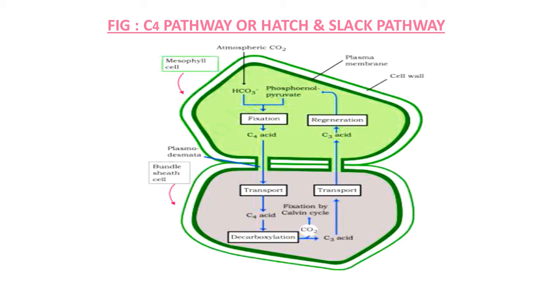You can see here in the mesophyll cell atmospheric CO2 enters, PEP is present, then fixation of CO2 takes place, then the 4 carbon structure oxaloacetic acid is formed, moves towards the bundle sheath cell, transportation takes place, C4 acid is formed, the decarboxylation process takes place, again C3 acid is formed, transported towards the mesophyll cell, and when the Calvin cycle runs, as you know very well, regeneration of RuBP takes place, and again this pathway runs in a cyclic manner.